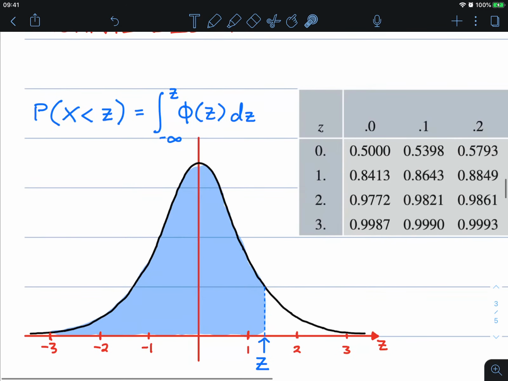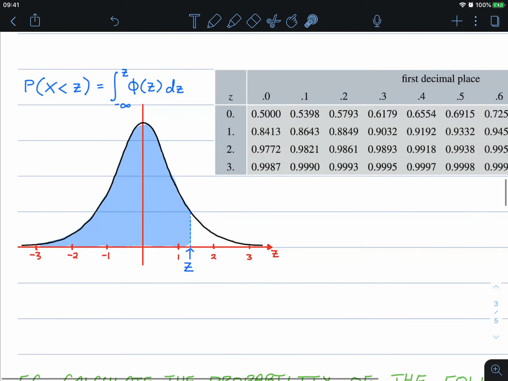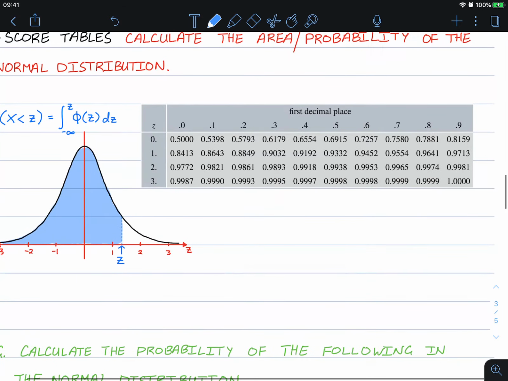So if we wanted the probability of x is less than z, what we're actually finding is the probability from negative infinity, so all those little areas underneath here, all the way up to whatever z value we're looking for. And to do that, we just use this table.